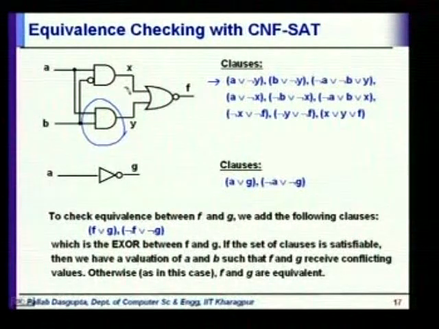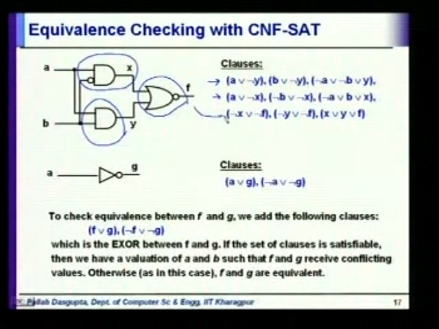Similarly, we develop the set of clauses for this gate, which is in this line, and the clauses for this one, which is this line. Note that we use these intermediate variables x and y. We do not try to represent f only in terms of A and B. If you wanted to represent f only in terms of A and B, and that too in CNF, then you will have to do a lot of work.